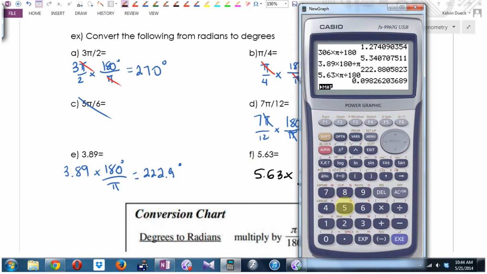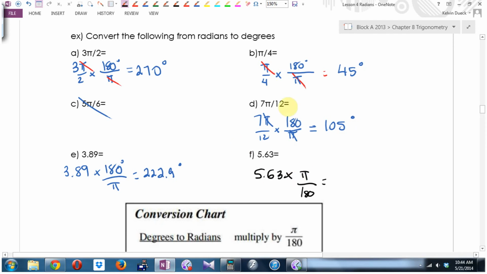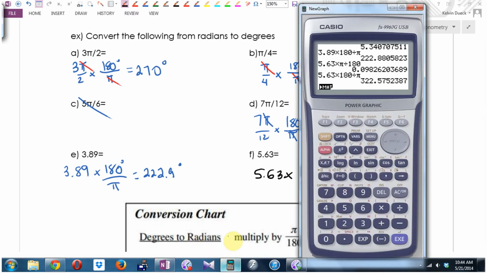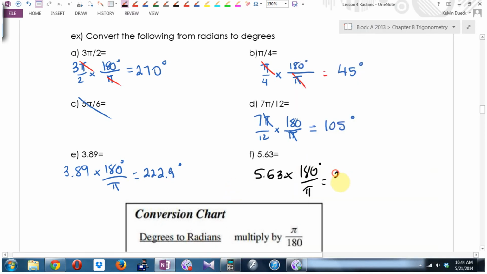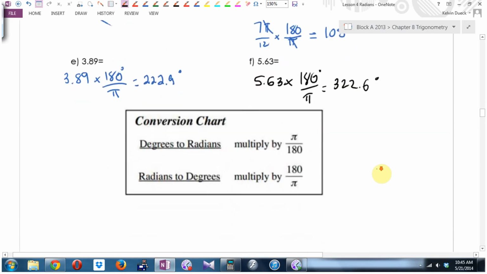How about 5.63 times 180 divided by pi? 322? 302. I did that backwards, didn't I? 322 degrees, 0.6. So here's the conversion chart, but I gave it to you on your formula sheet.